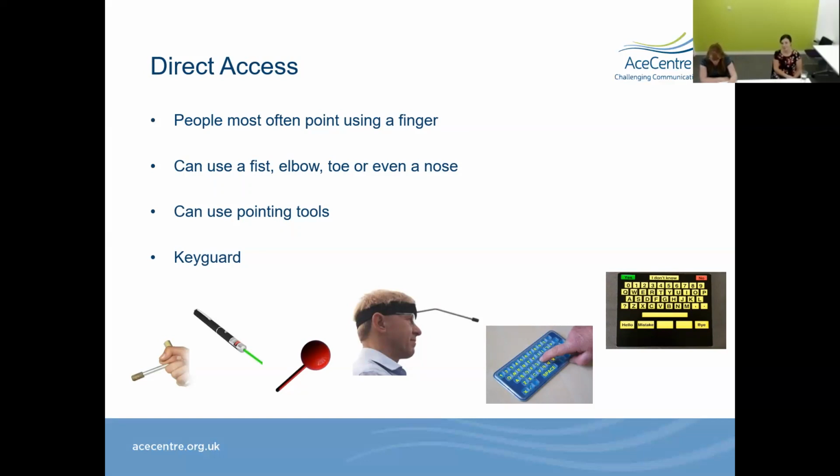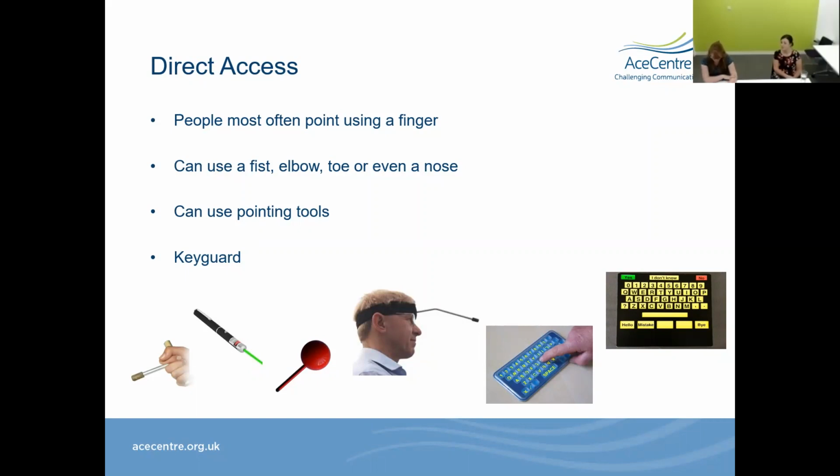Another thing, I can't remember if I've mentioned this already, is that a paper-based system can be much more forgiving than an electronic system. So the communication partner can interpret the shapes of letters and words that you're spelling. So even if you can't isolate a finger, you could use a fist to directly access and spell out your words that way.